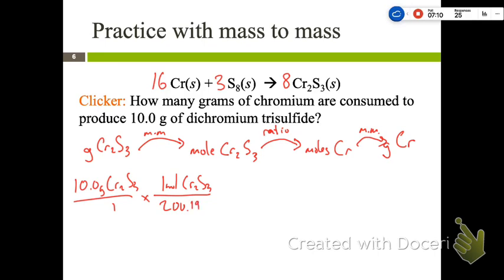Is that what we have? Grams of Cr2S3. Where are you at? Yeah, 0.19. And then for every 8 moles of Cr2S3, we need 16 moles of Cr.